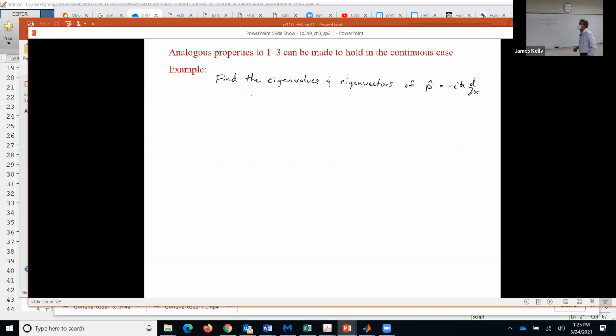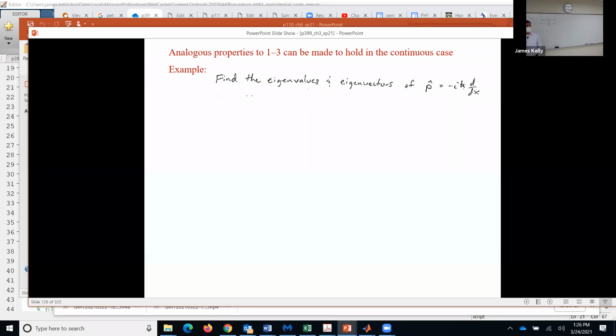Okay, so this is the example, I believe, that Griffith follows through. In order to get an idea of how to go, let's try to find the eigenvalues and eigenvectors of the momentum operator. Let's write down its eigenvalue equation.